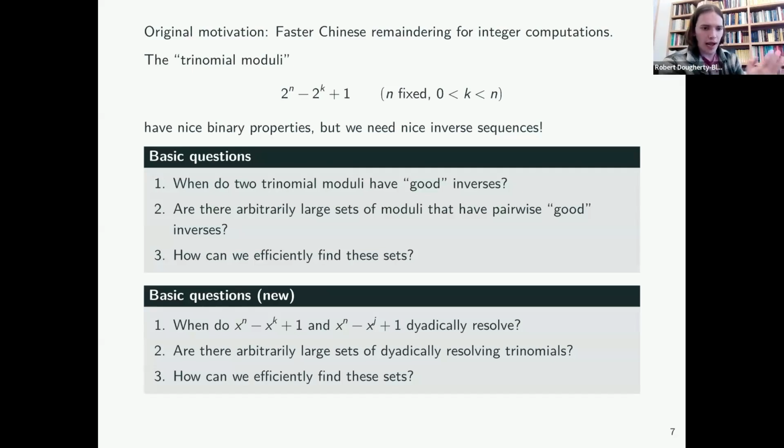So if you have two actual trinomials, as in polynomials with 3 terms, when do they dyadically resolve, meaning the resultant is plus or minus a power of 2? Are there arbitrarily large sets of dyadically resolving trinomials, and how could we find those sets if they exist? So that's the basic idea. Rather than thinking about the numbers, we'll think about the polynomials.